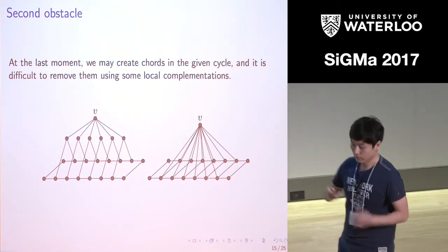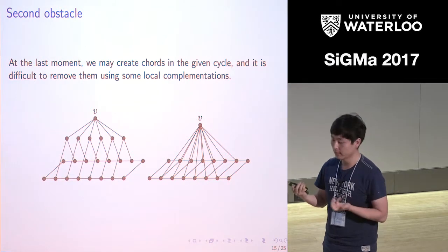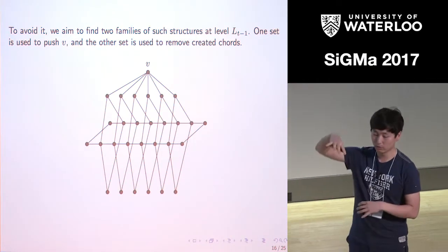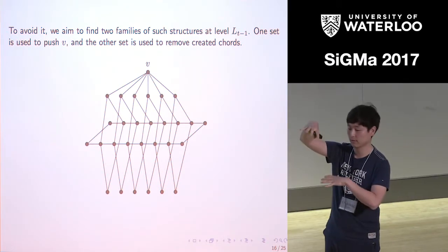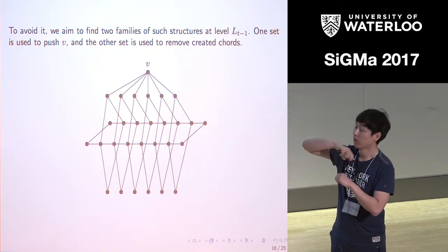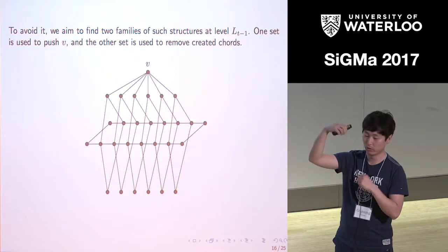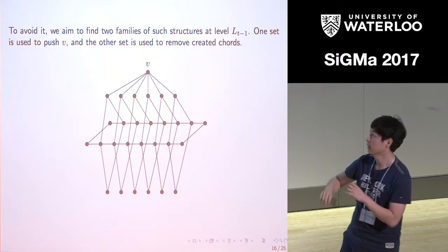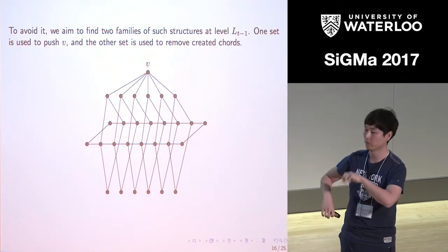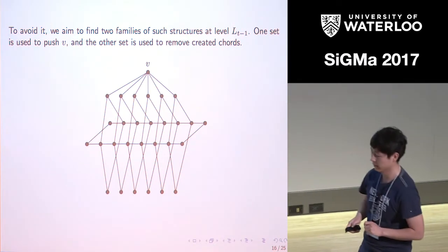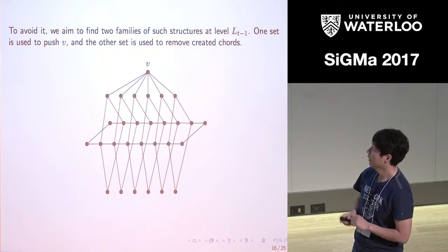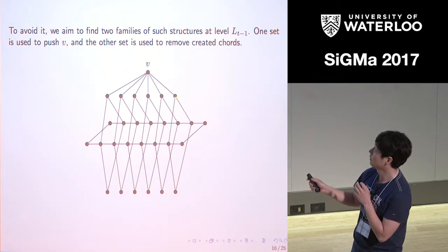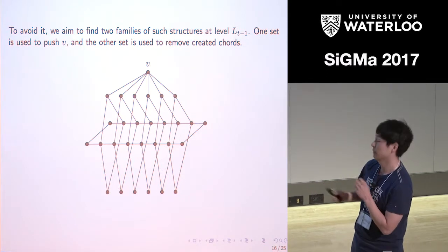So what we want to do is simply avoid this situation: we want to find two sets of such a structure, where one contributes to making edges from V to the cycle, and the other contributes to removing the created chords. For doing this, we want to have no edges between these two sets.